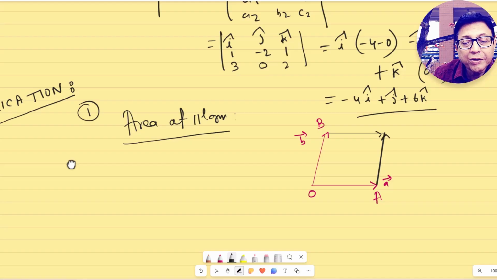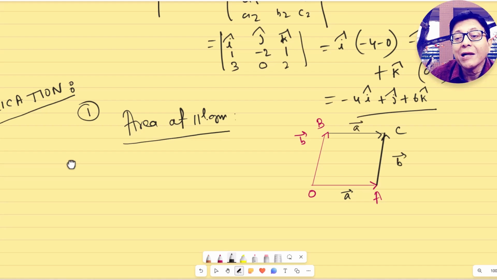You take a parallelogram whose two adjacent sides are vector A and vector B. You are going to find the area of the parallelogram made by these two vectors. First, complete the parallelogram.